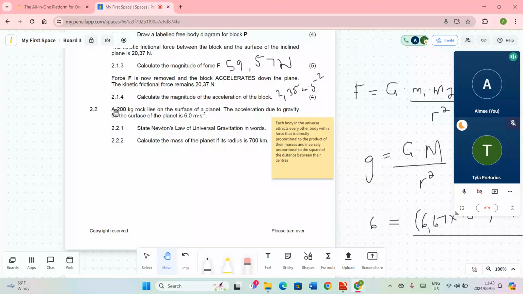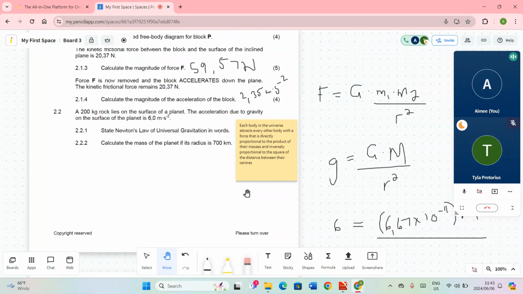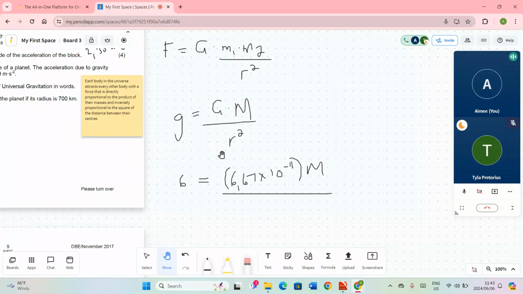If this rock is lying on the surface of that planet, it means that the distance between their centers will be equal to the radius of the planet. But it's important to remember that R needs to be in meters, not in kilometers. Kilometers is not our SI unit or our standard unit.